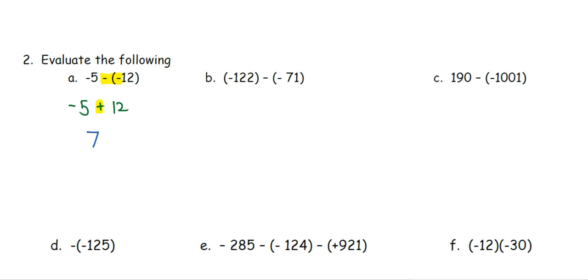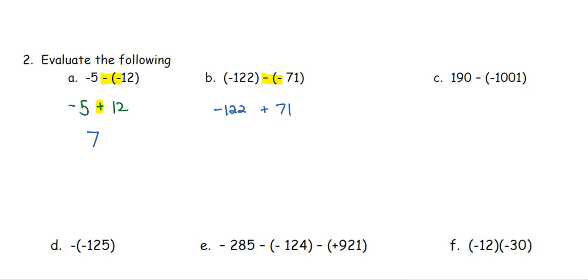For question 2B, very similar concept here. I see these two negative signs next to each other, and whenever those two negative signs are next to each other, they will become positive. So I have bracket -122 plus 71. And from here on, you can just remove the brackets, and the question is simply going to be -122 plus 71.